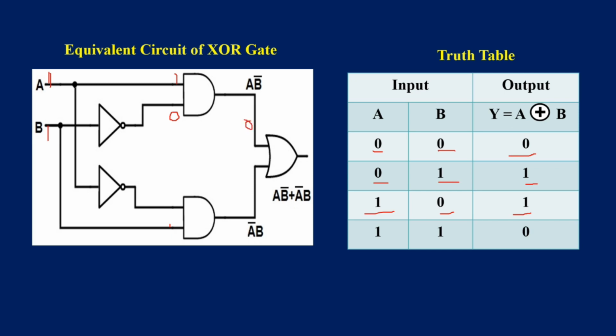For this NOT gate, if the logic is 1, then it will be inverted, it becomes 0. This 1 is given to the AND gate, this is going to be 1. So 1, 0 logic for the AND gate, it is going to be 0. So 0, 0 given as inputs to the OR gate, the output will be 0. So when 1, 1 are the inputs, then the output is 0. Thus the truth table of the exclusive OR gate is verified.